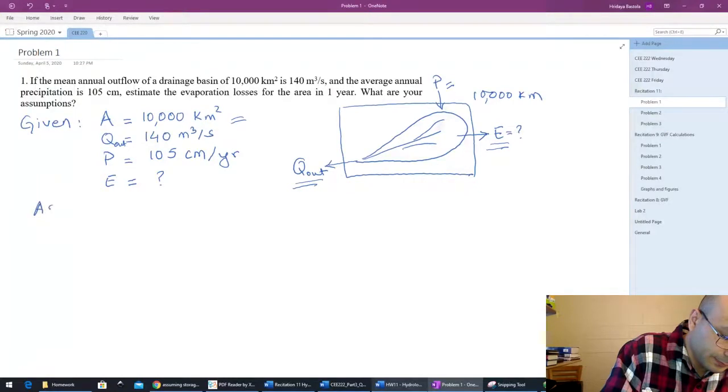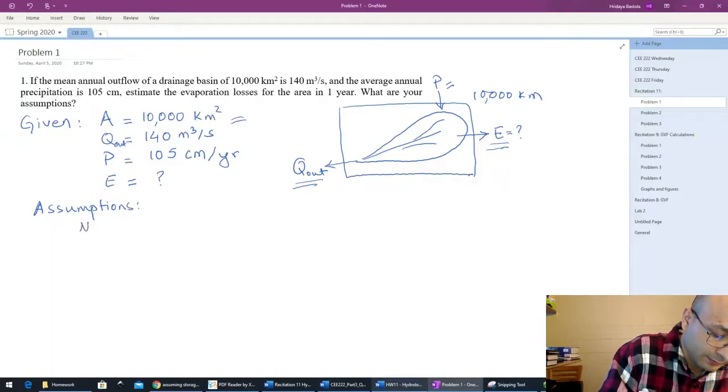So let's write our assumptions. There are no other fluxes, and the change in storage over time is equal to 0.